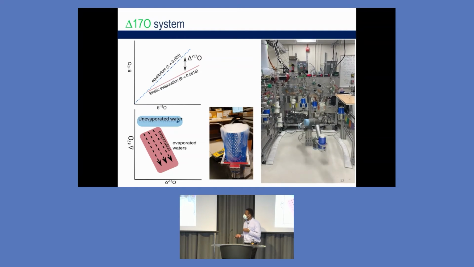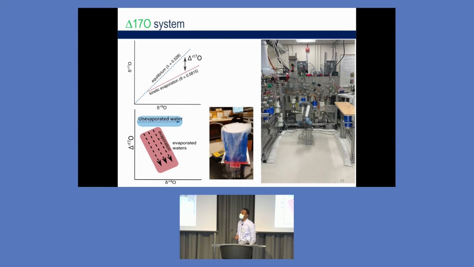So the way we do that is we plot the delta 18O versus the delta 17O to understand that. Normally, they have almost a 1-to-2 relationship, delta 18O, the oxygen 17, and the oxygen 18. So they fall along on this line if we don't have any evaporation.